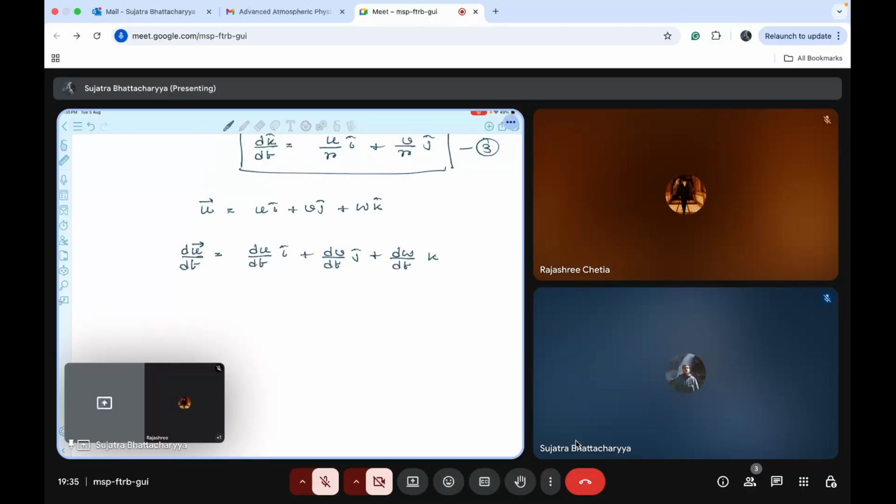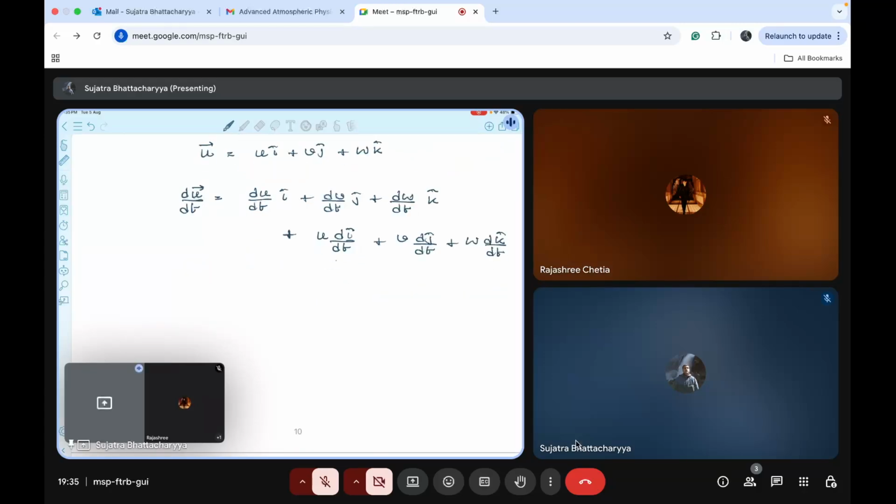k hat. Done. Along with that, we know that because of the spherical polar coordinate conversion, you need this: u di hat dt plus v dj hat dt plus w dk hat dt. So what we'll do is that I will put these expressions from 1, 2, and 3.